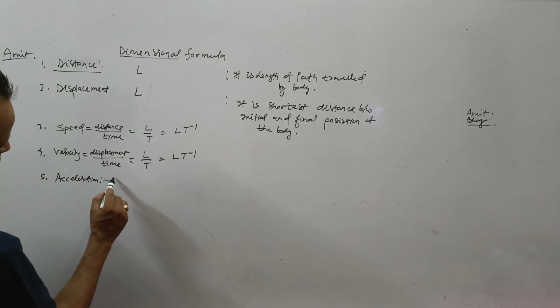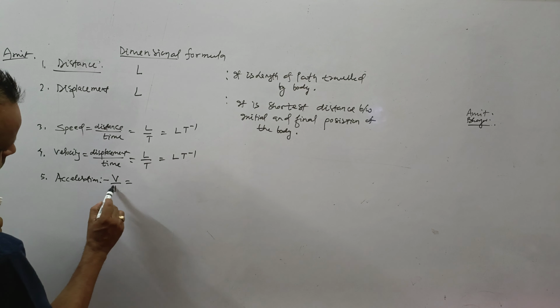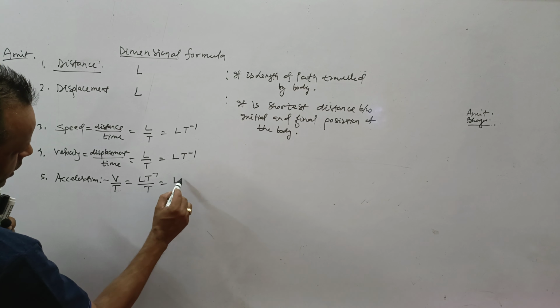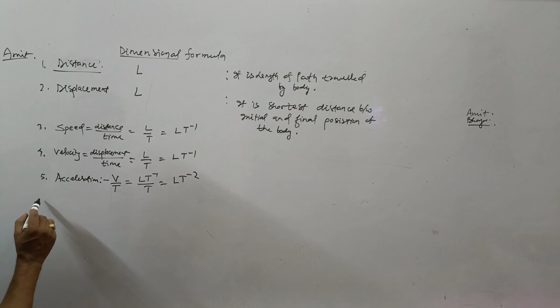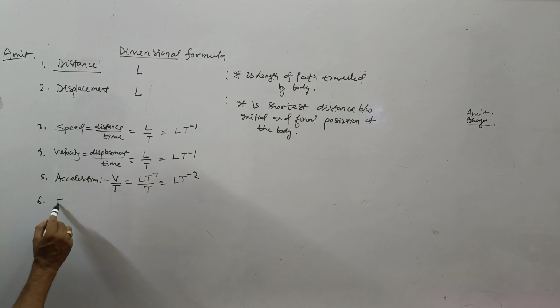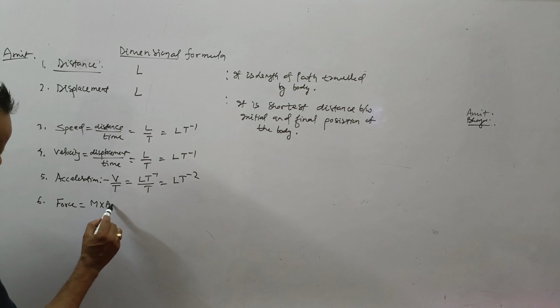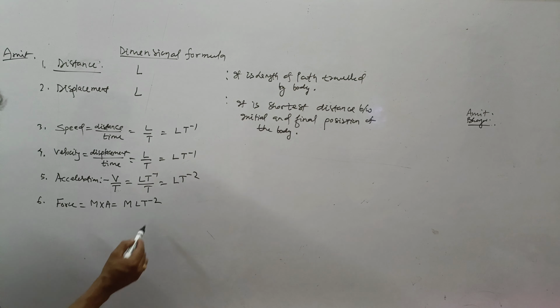Acceleration is velocity upon time. Velocity is LT minus 1, upon T. It comes out to be LT minus 2. Then we have force. Force is mass into acceleration. Mass is M, acceleration is LT minus 2.